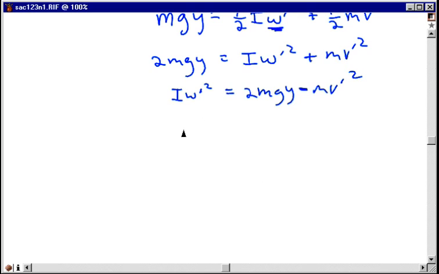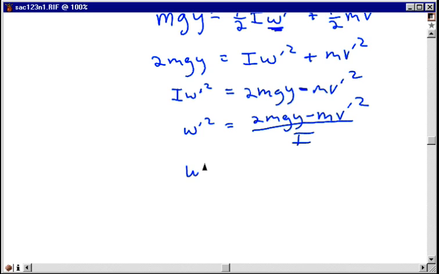Divide both sides by I. I think I'll factor out an m from the top, since I have an m in both terms. Factoring that out, I can write that as m over I times 2gy minus v prime squared.